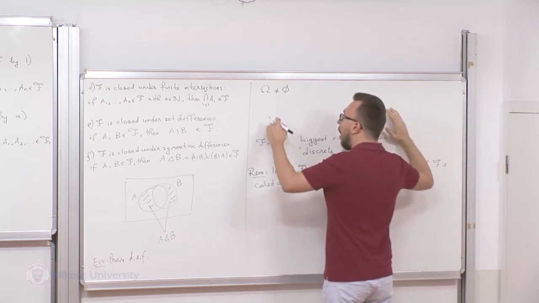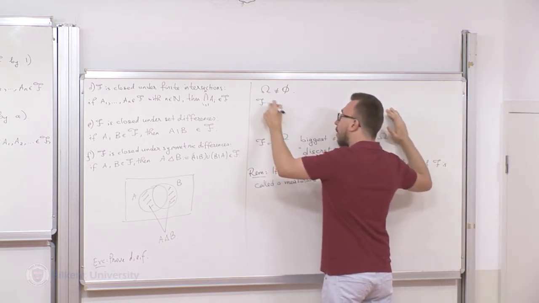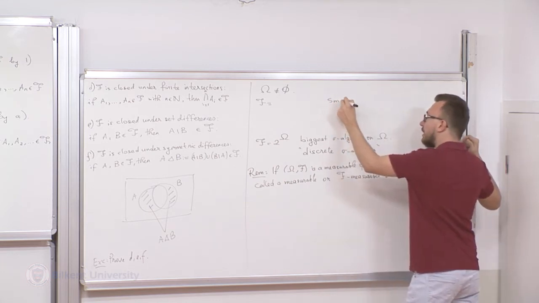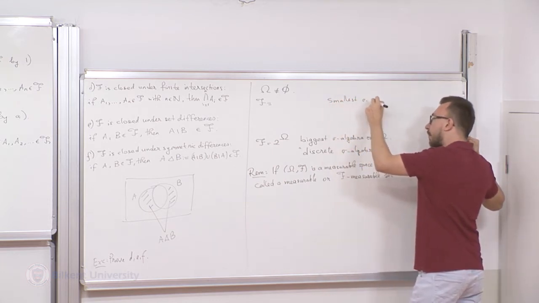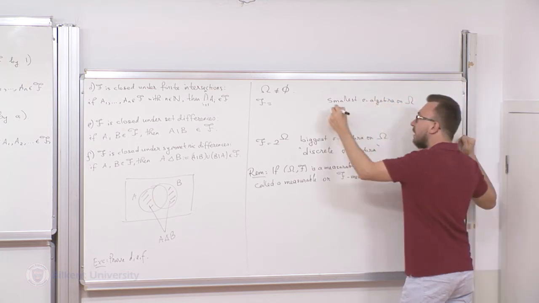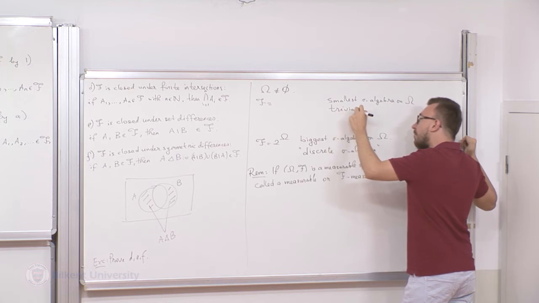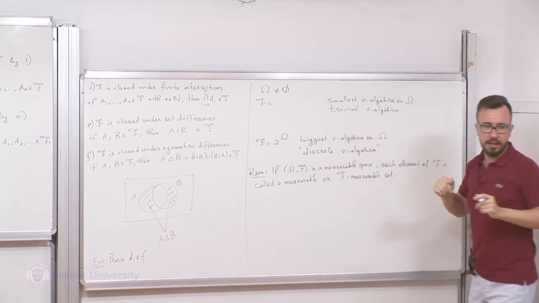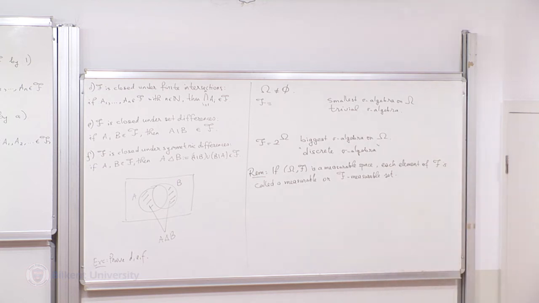There is the opposite extreme where we have the smallest sigma algebra. It is sometimes called the trivial sigma algebra. What is that? What is the smallest possible sigma algebra, can you think of?